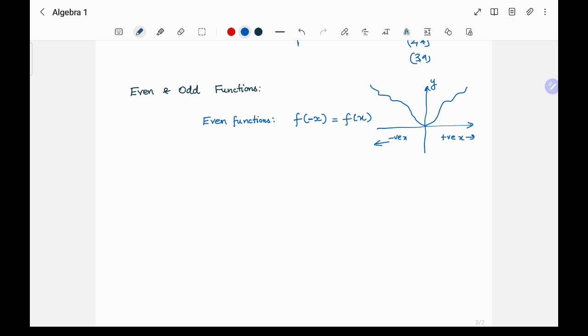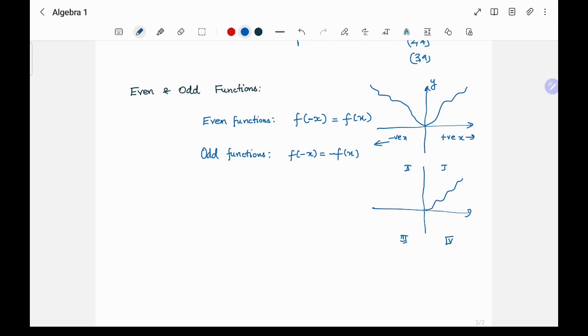This is the y-axis. So what about odd functions? f of minus x is equal to minus f of x. So whatever we have on the positive side will be reflected in the third quadrant. This is first, second, third and fourth.